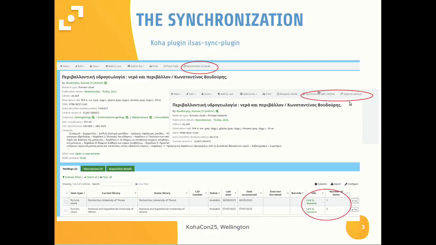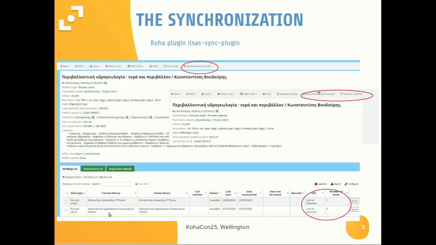And you can also open the record directly in the central catalog in a new tab in your browser. From the central record, you can synchronize this record to the local catalogs. When you do this from the central catalog, you synchronize with all the Koha catalogs referred to in an item in the central record.